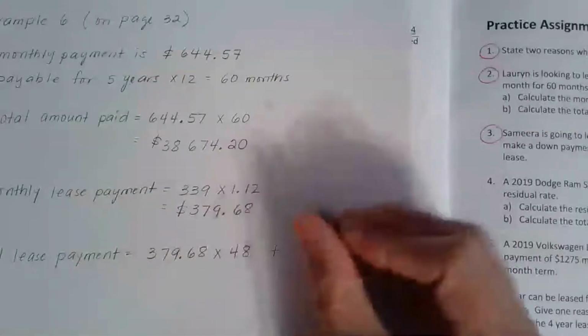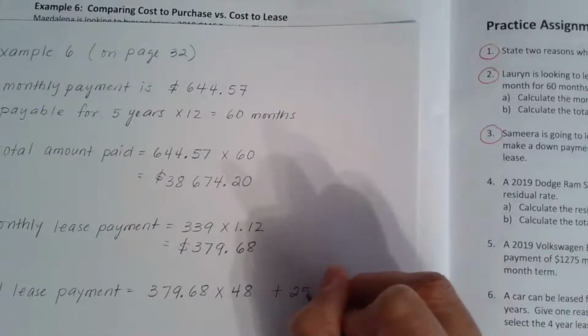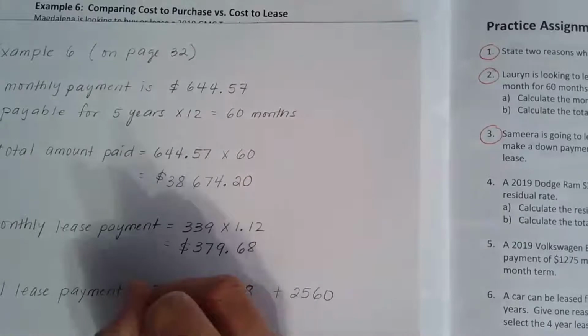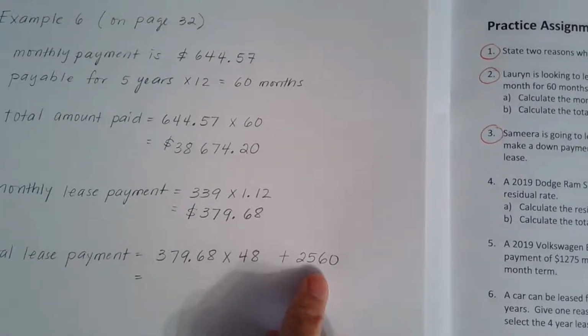So we're going to add the down payment here, $25.60. This is the only thing that's a little bit different. Usually down payments are meant to be subtracted, but that is only if we are buying. If we're leasing, it's added.